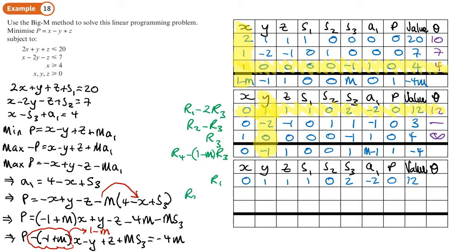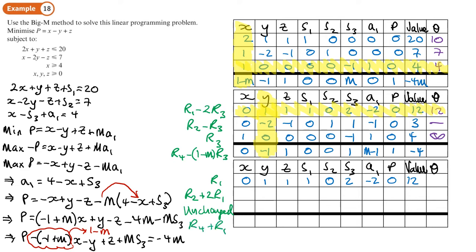So row 2, add 2 lots of row 1. Row 3, there's already a 0 there, so it's unchanged. And then in row 4, we're just going to add row 1. So row 4 plus row 1.